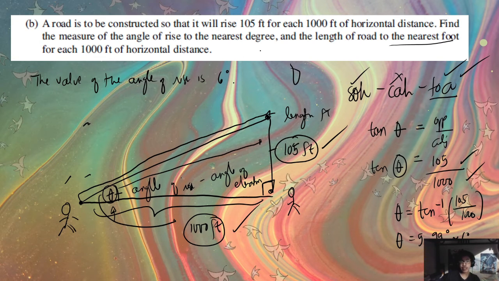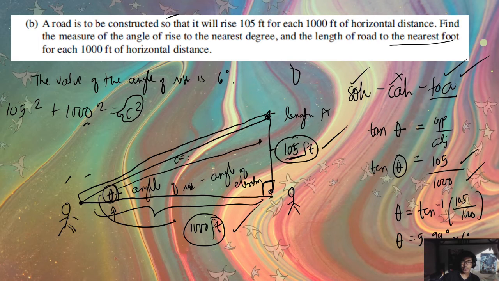And how do we find the length of the road? Since this is a right triangle and we're given two sides, we're going to use our favorite theorem, the Pythagorean theorem. So we have 105 squared plus 1000 squared equal to c squared, where c is the length of the road.